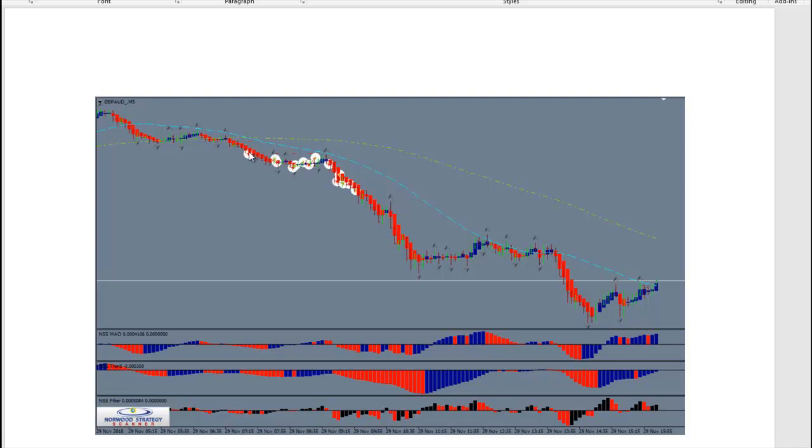This was my initial entry. This was an add-on position, and this should have been an add-on position, and this should have been an add-on position. This one was, and this one was too. So 1, 2, 3, 4. Oh, there's no one here. 5 and 6. So there are 6 opportunities there, plus some more.